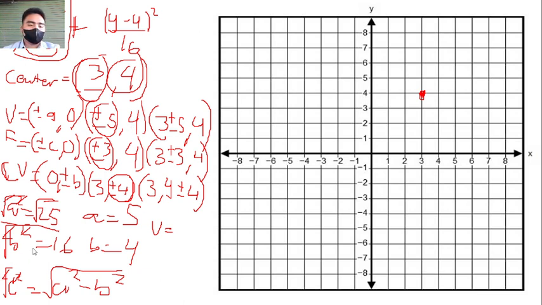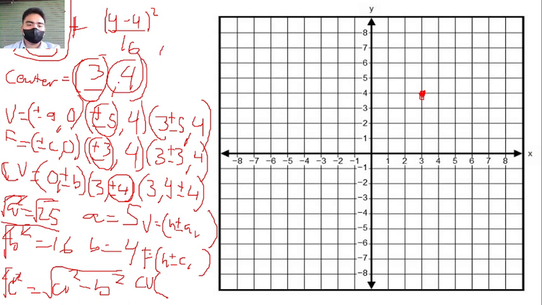So, in plotting, let's just erase this first. So, in plotting, your vertices is H plus or minus A, then K, when the principal axis is the x-axis, and your foci is equal to H plus and minus C, then K. Then your co-vertices is H, then K plus and minus B. Not 0, I'm sorry, it's K, because it's H and K, isn't it?